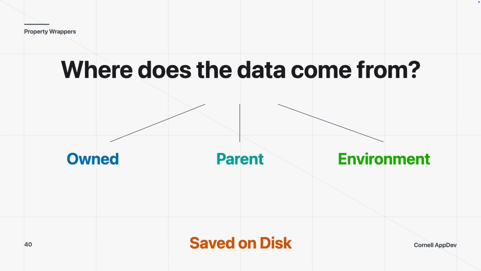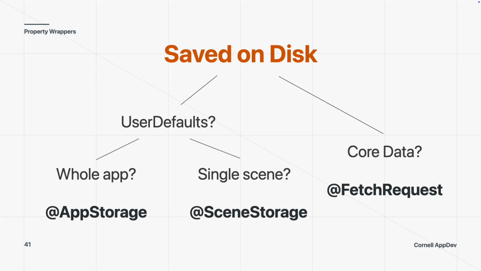And if the data is saved on the disk, we also have a few more complicated property wrappers, which I can't imagine you guys would use too soon, but in the future, definitely. If we have UserDefaults and we're working with data that's stored across the entire app, we might want to use the @AppStorage property wrapper.